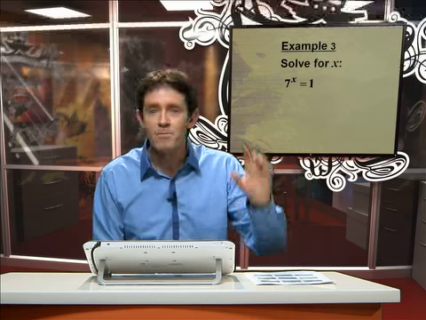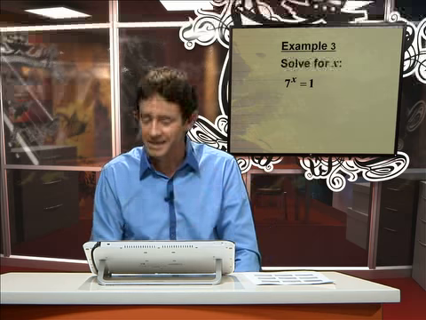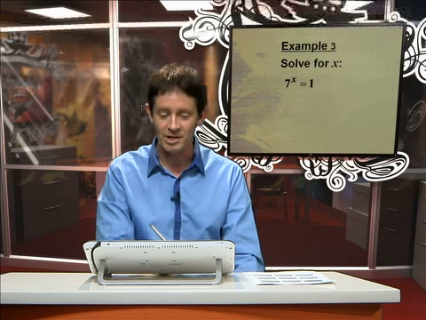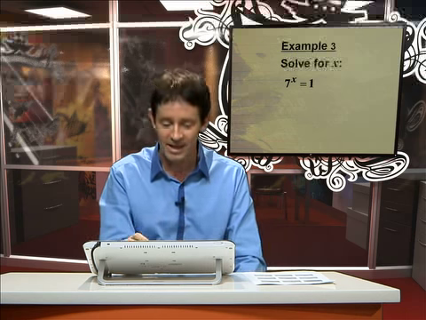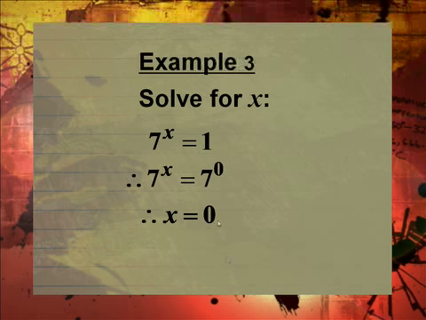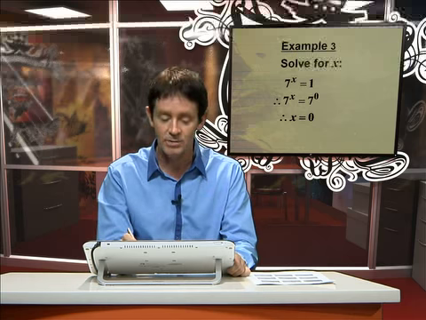Brilliant. 7 to the naught. I can hear you. Well done. South Africa's getting good at maths education. Now listen, 7 to the naught is 1. Now, what can we do to get the bases the same? Well, 1 is 7 to the naught, and then we can equate the exponents, and x is naught. These are very important basic principles. They get a little bit more tricky, so stay with me.